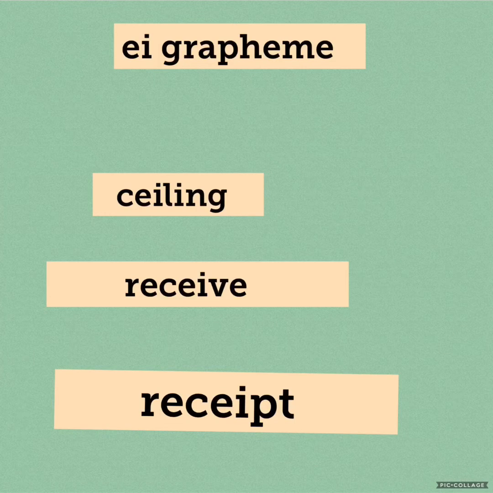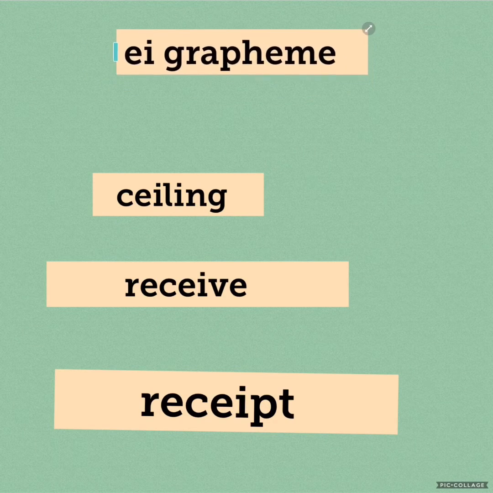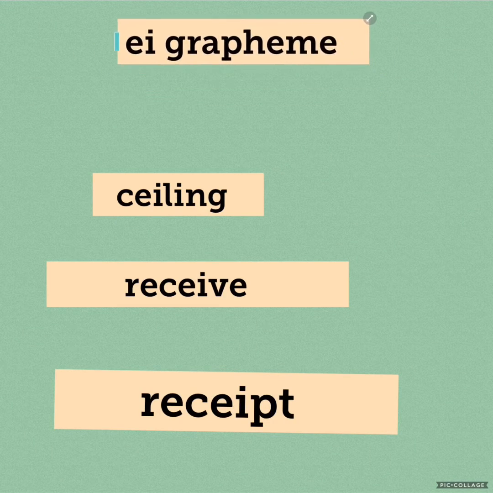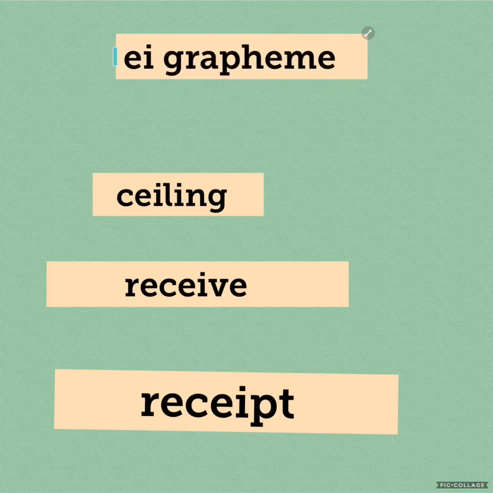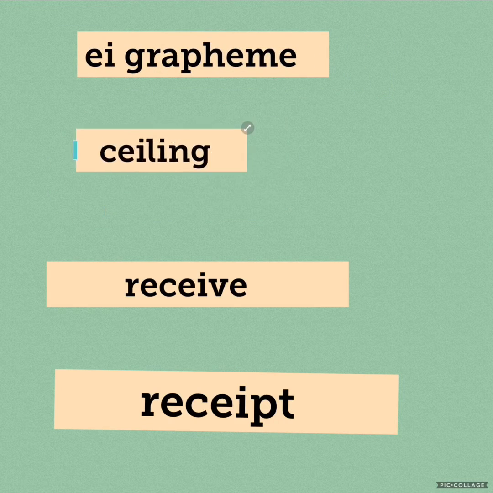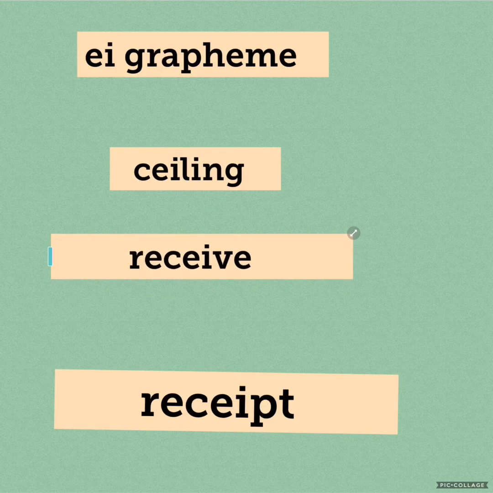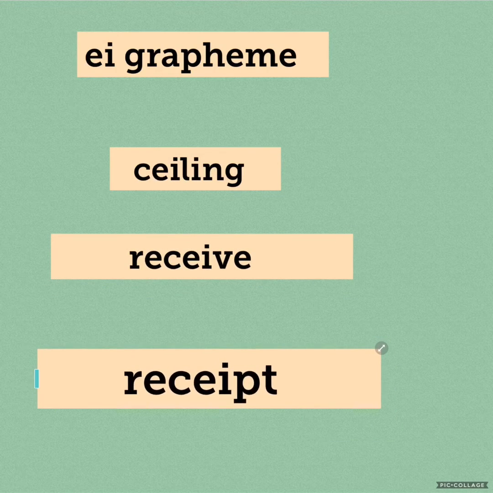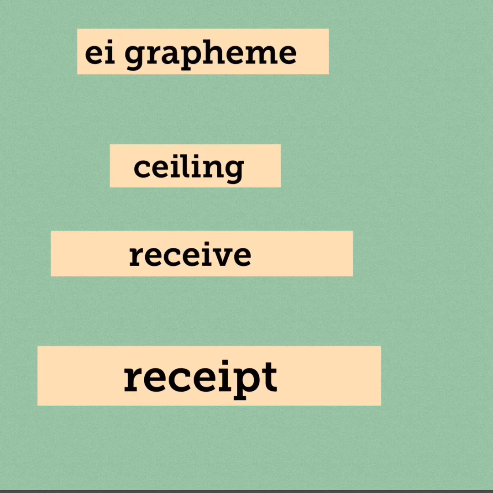One of the graphemes we're going to look at today that make that long E phoneme is the EI grapheme. It's not as common as all of the others we've looked at. But if you look at these 3 words, you will have noted that they all have that EI grapheme.